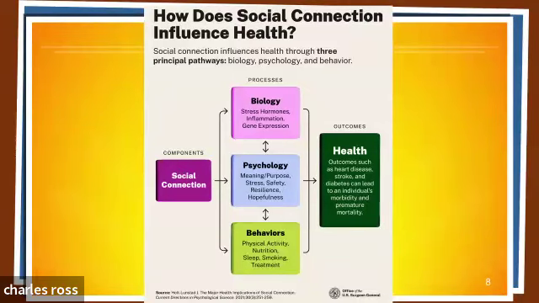We know that it's associated with a higher risk of heart disease, and with dying earlier than expected, but it's not exactly clear why that happens. Here are some of the proposed mechanisms. Being more isolated can increase your stress hormones, the levels of inflammation in your body, as well as possibly gene expression. So genes that express the development of a cancer may be more likely to turn on if you do not have a good support system.